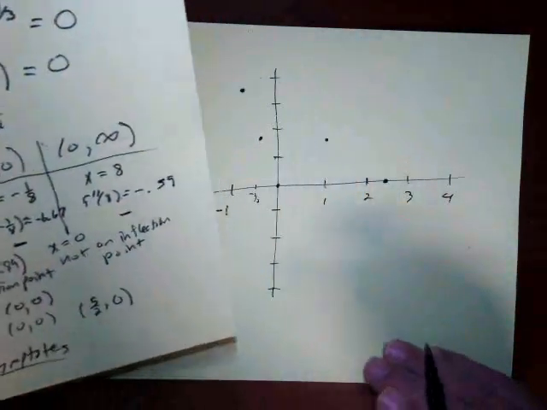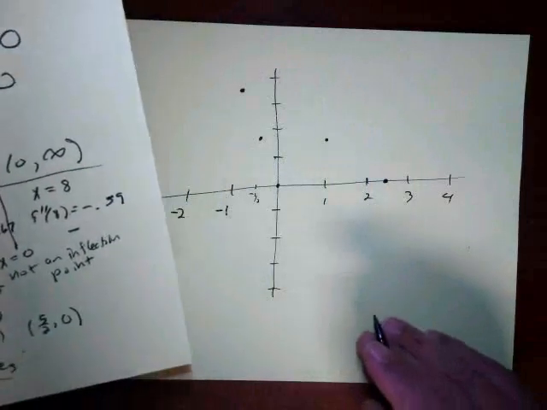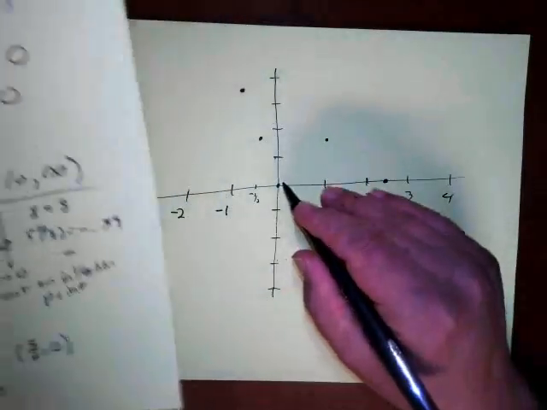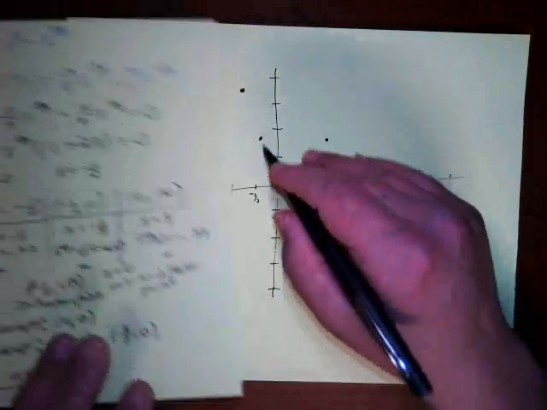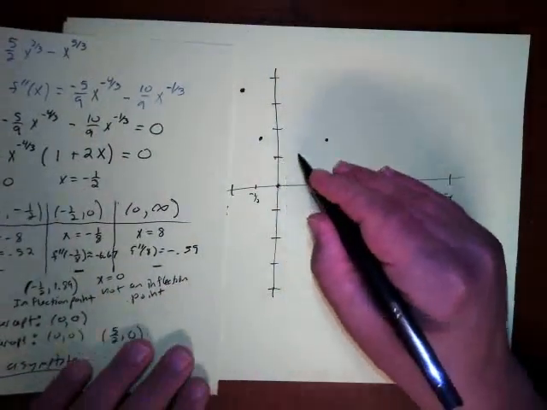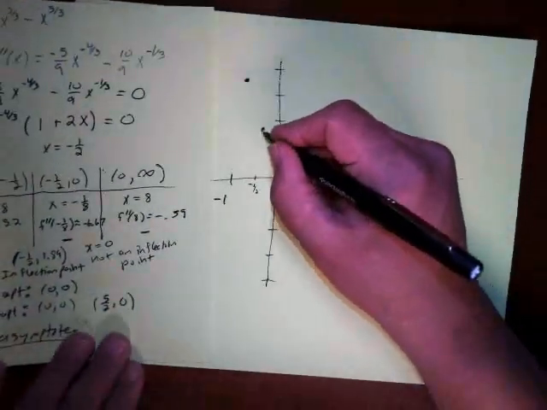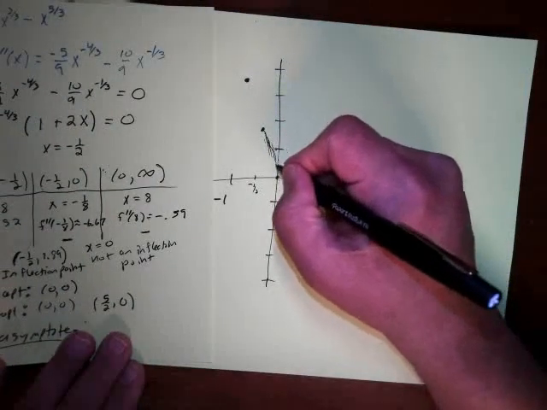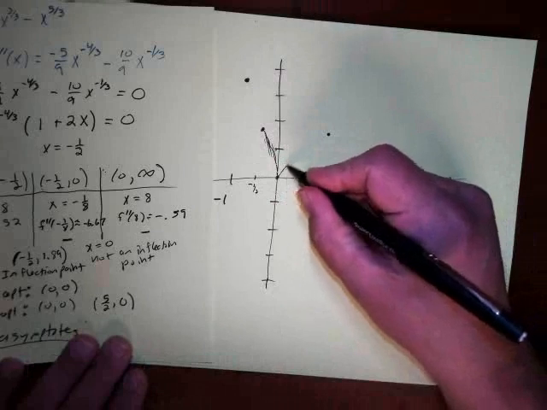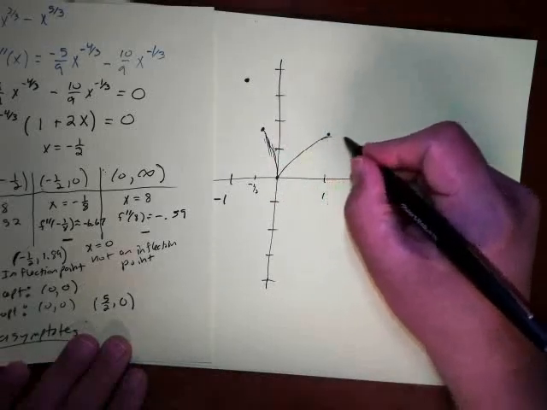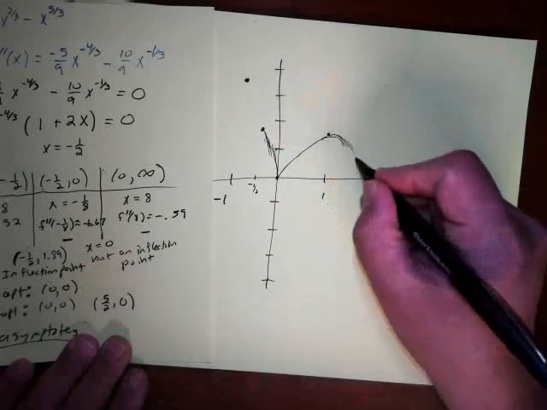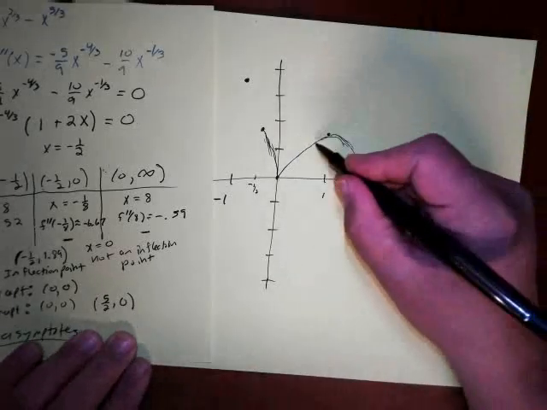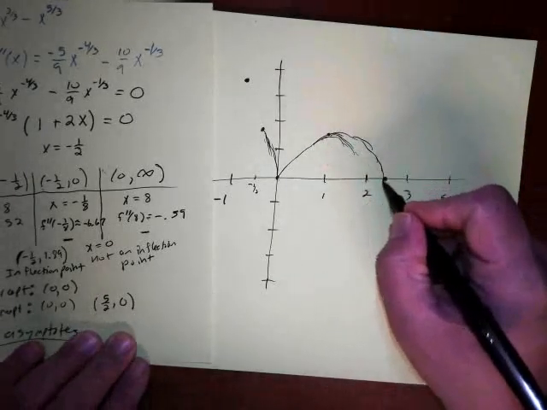So that's really weird. But it does that, and then here, this is not an inflection point. It's concave down, and then it'll be concave down here. So this is concave down, and this is concave down, and it's concave down the entire time. And it goes through this point.